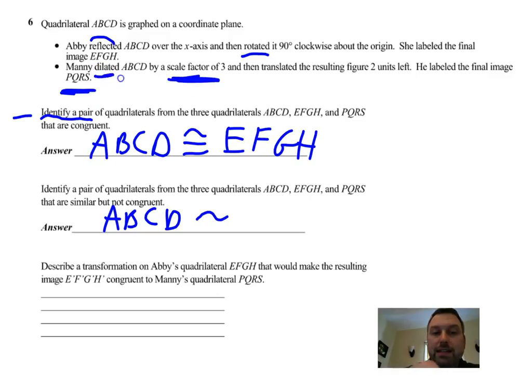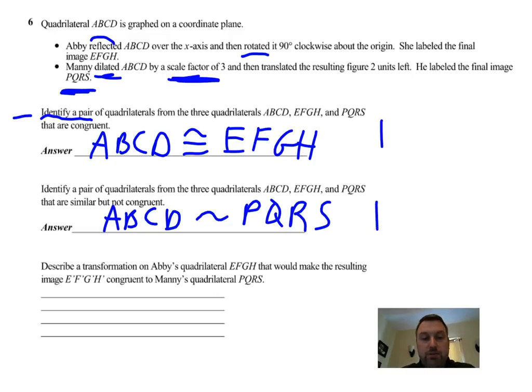It got dilated. So that's similar but not congruent to PQRS. And lastly it says describe a transformation on Abby's quadrilateral EFGH that would make the resulting image E prime F prime G prime H prime congruent to Manny's PQRS.